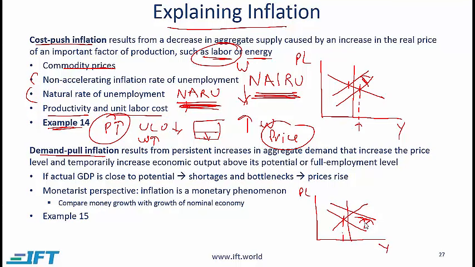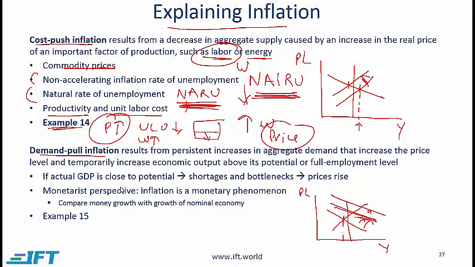And then people have more money, so they spend more, consumption is up, so aggregate demand shifts further to the right. When we have higher inflation or higher price levels explained by increases in aggregate demand, then we say that we have demand pull inflation, because inflation is being pulled by the aggregate demand.